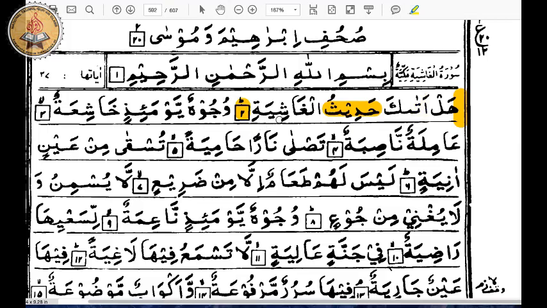Oh, sorry. So this end of the verse, the way that you're going to end it, hadithul ghashiyah. Yeah, so this is ya, and then we have the ta marbuta at the end. So when you pause, it's going to take a ha sound. Hal ataka hadithul ghashiyah. Okay?